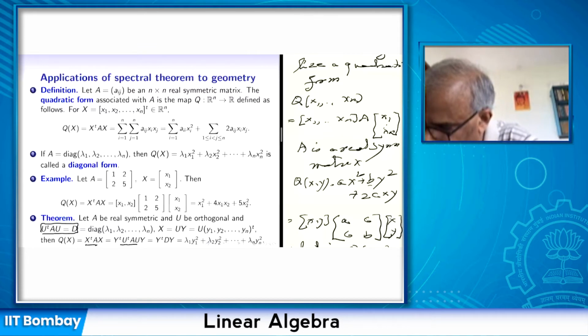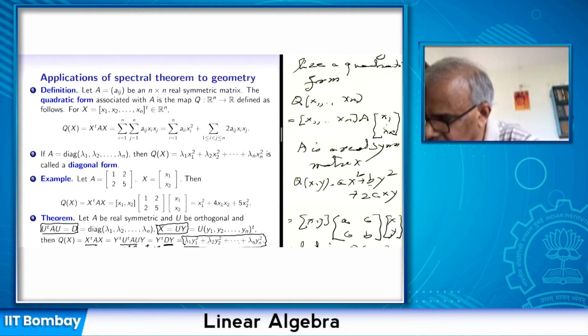This should be U A U transpose Y. But I'm writing the new coordinates, and old coordinates are related by this equation, x equal to uy. Therefore I have y transpose dy here, and y transpose dy is equal to this diagonal form, because D is a diagonal matrix.